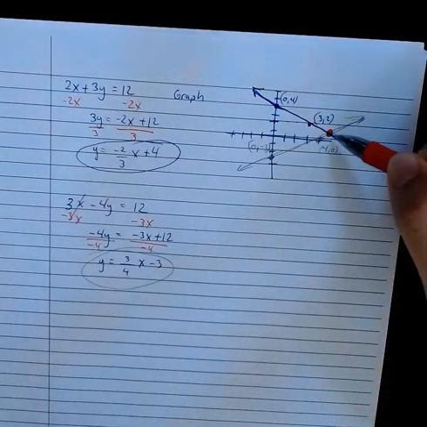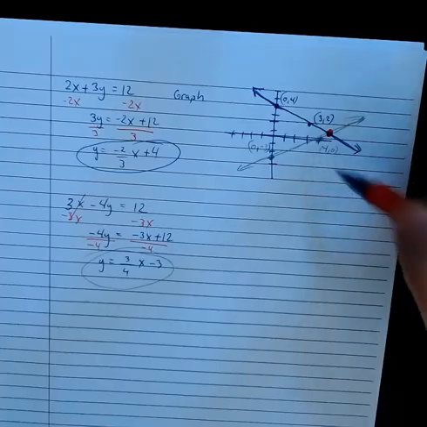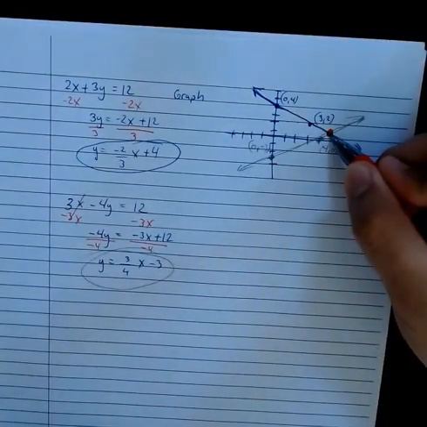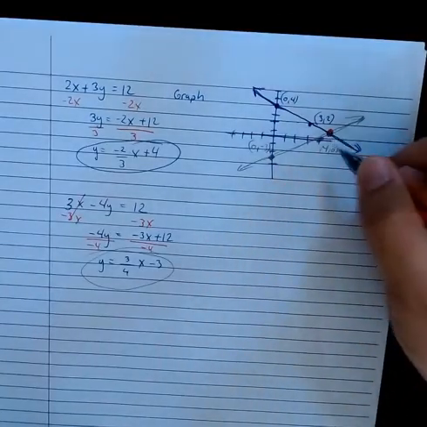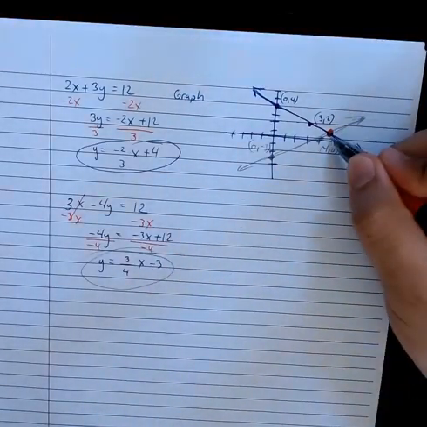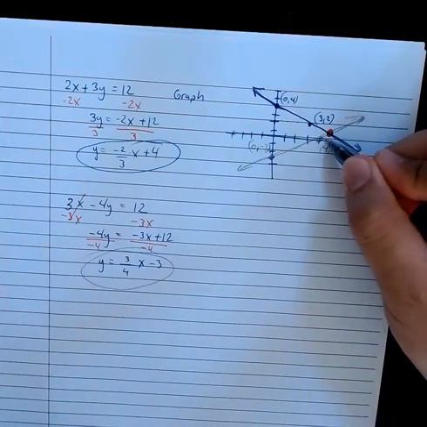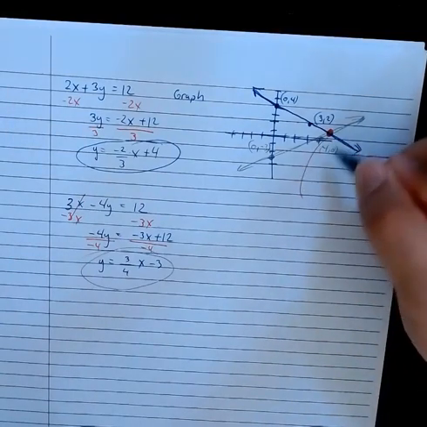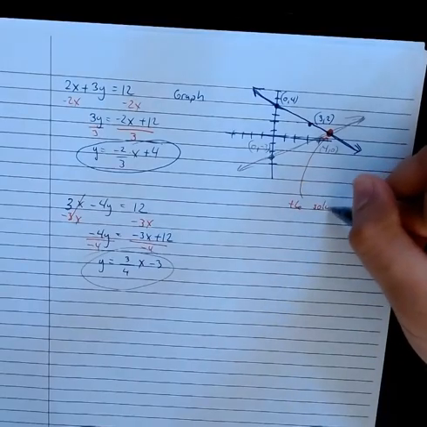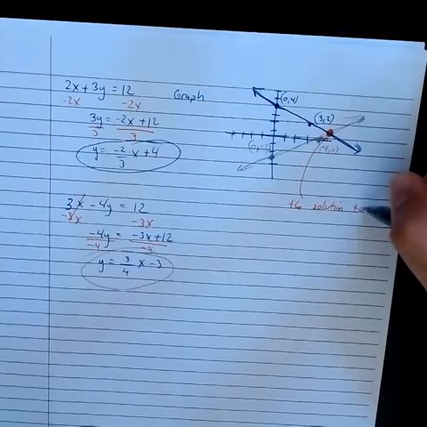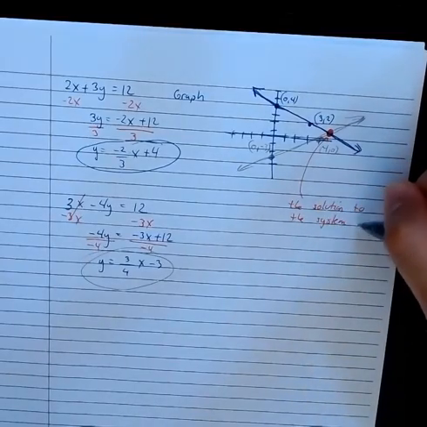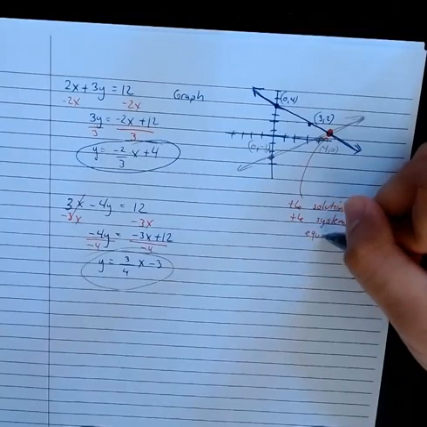But it is a point that is a solution to both of these equations. This point is simultaneously a solution to this first equation and this second equation. And as such, it is a solution to both equations at the same time. This is called the solution to the system of equations.